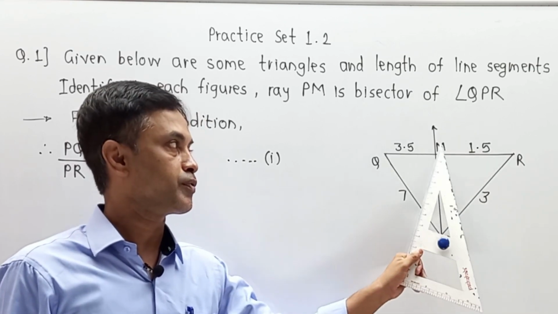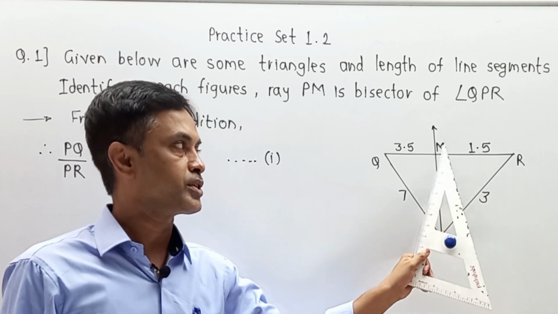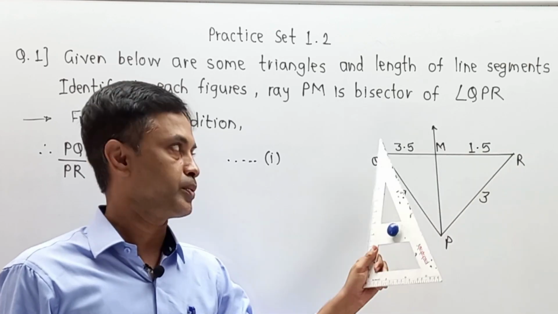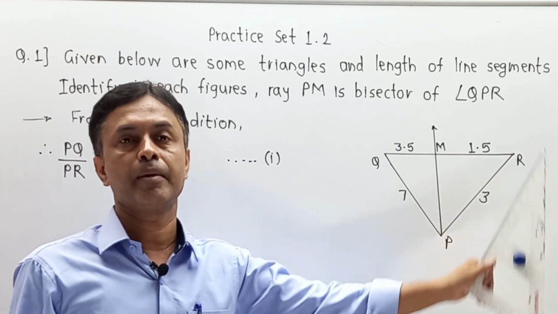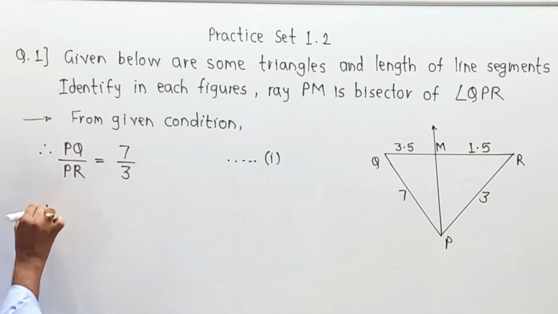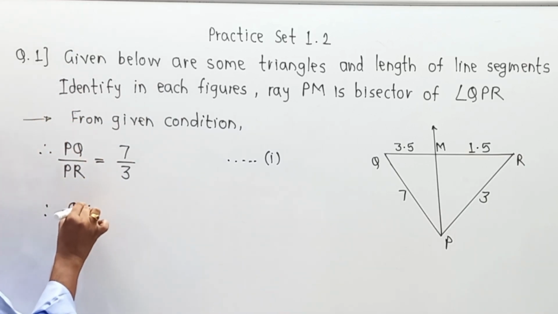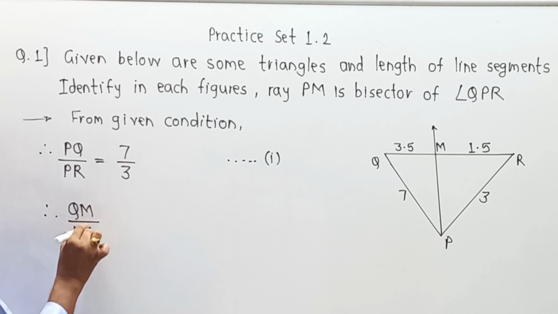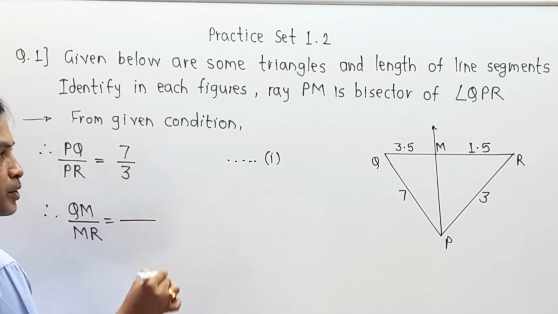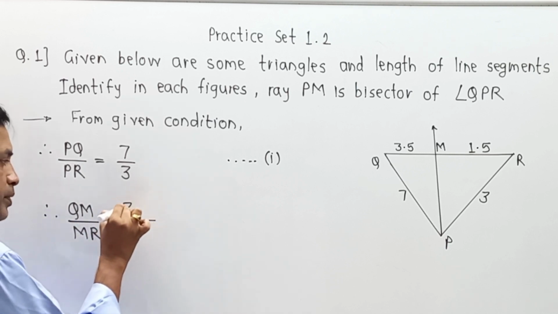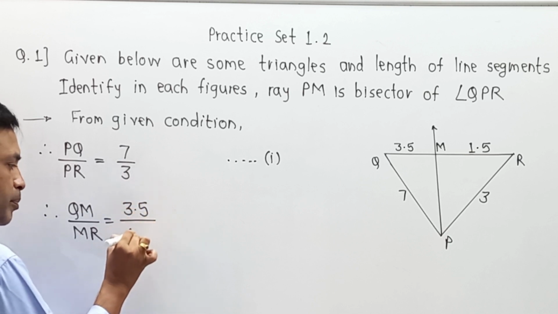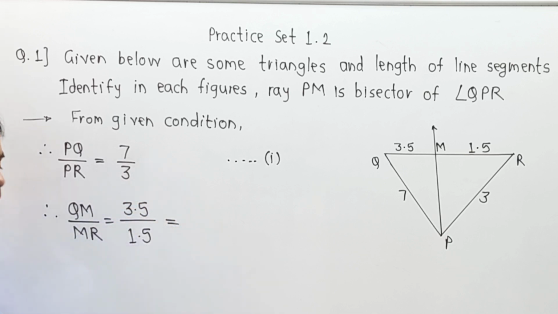Like I have to take the ratio of QM upon MR, or instead of MR you can call RM, depending upon you. I am going to call it QM upon MR. So the second part is QM upon MR. Now this value is 3.5 divided by 1.5. Now remember, I have to make a simplification, to reach the final answer. In that case, what exactly am I going to do?